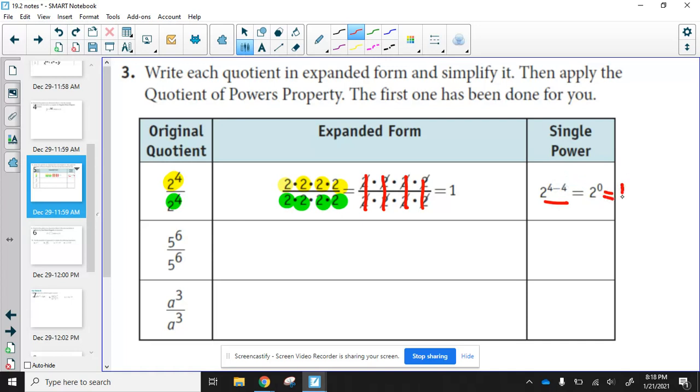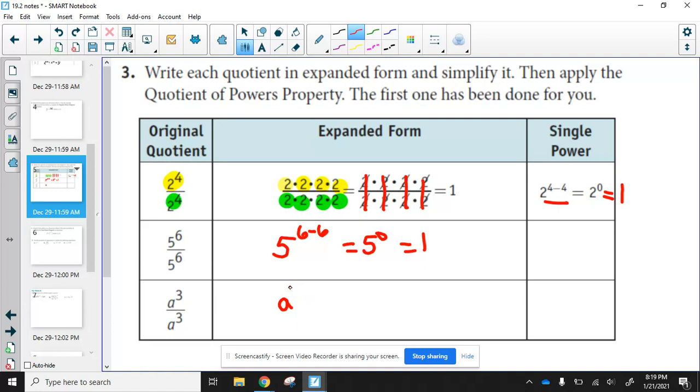Like I said, anything that is raised to the 0 power is 1, and they had demonstrated that with expanded form. So same thing here, I'm not going to run through the expanded form because I feel like you guys can grasp this. But 5 raised to the 6 minus 6 is equal to 5 to the 0 power, which again is equal to 1. And you can do the same thing with exponents.